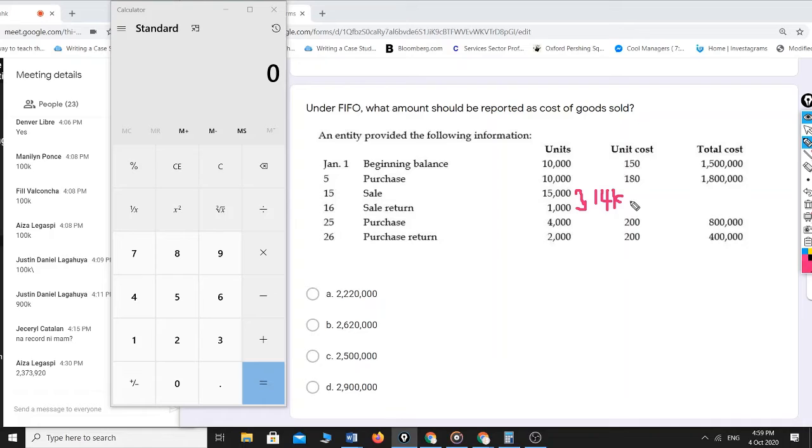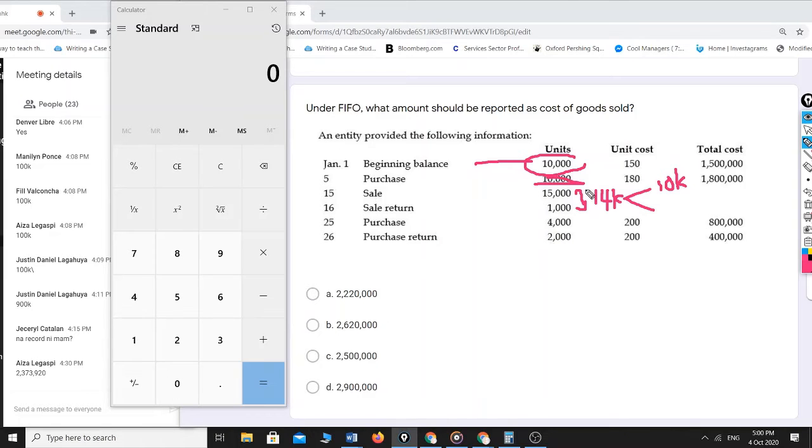okay, with the concept of first in, first out. So, ang una na niya nabaligya, ang una nga related na inventory, of course, the beginning balance. Okay, kani. Diba? Which is cost 1.5 million. So, kanang first 10,000, gikuha na siya sa beginning balance. Well, the 4,000 gikan sa gi-purchase on January 5.